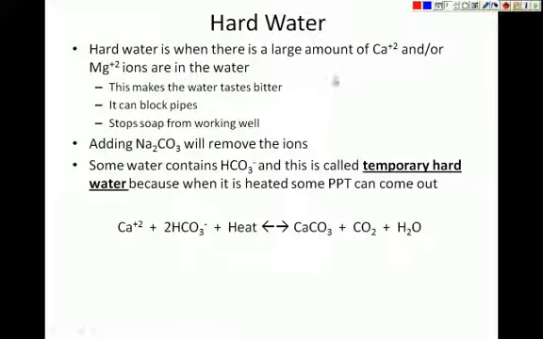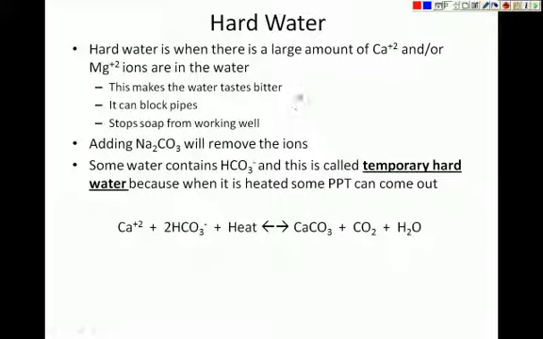Now, a lot of calcium and magnesium in the water can have some negative effects. One, it makes the water taste a little funny. It makes it taste quite a bit bitter. High amounts of calcium and magnesium can also build up and block pipes, like shower heads and faucets and stuff like that.